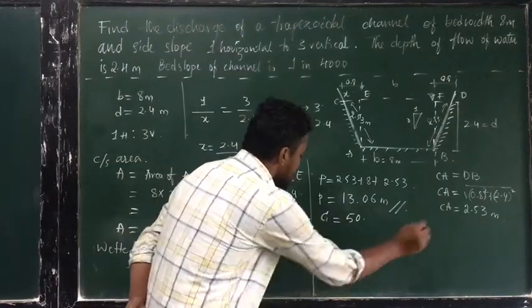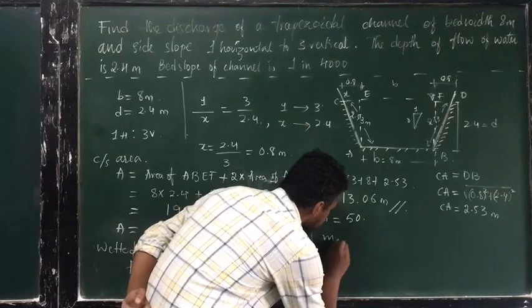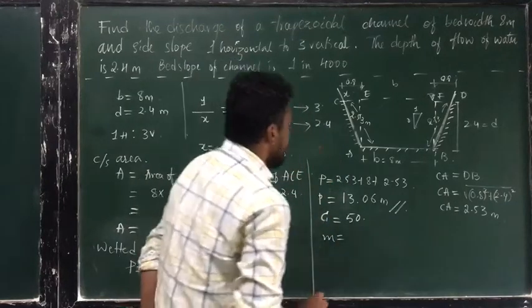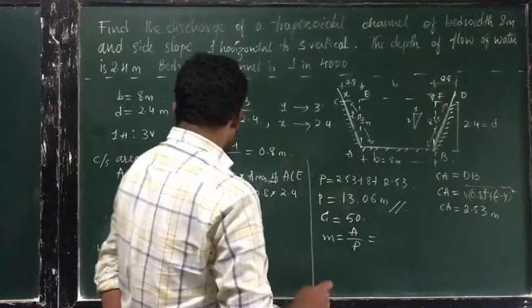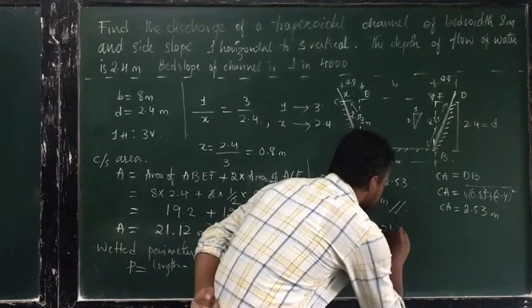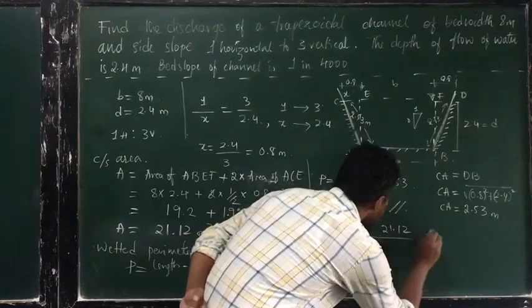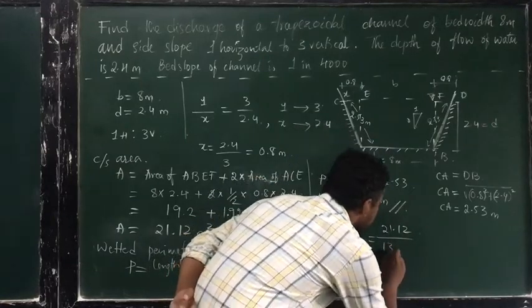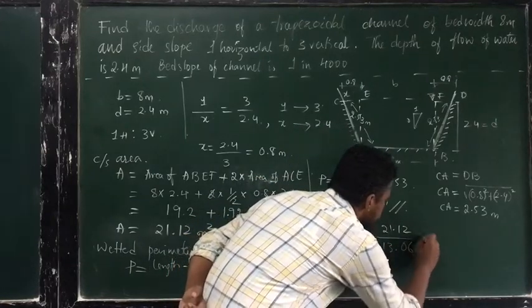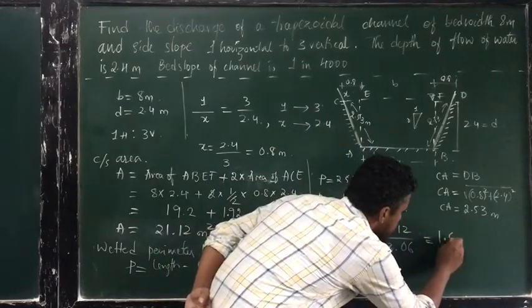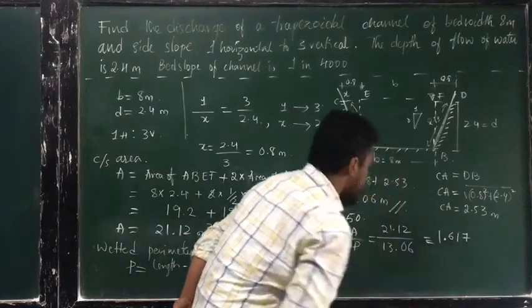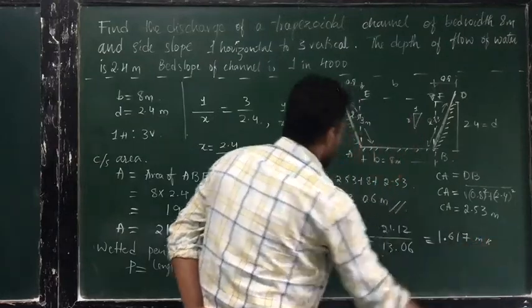What do we need? We need M, hydraulic mean depth. M is equal to A by P. So A is equal to 21.12 divided by 13.06, which is equal to 1.617 meter.